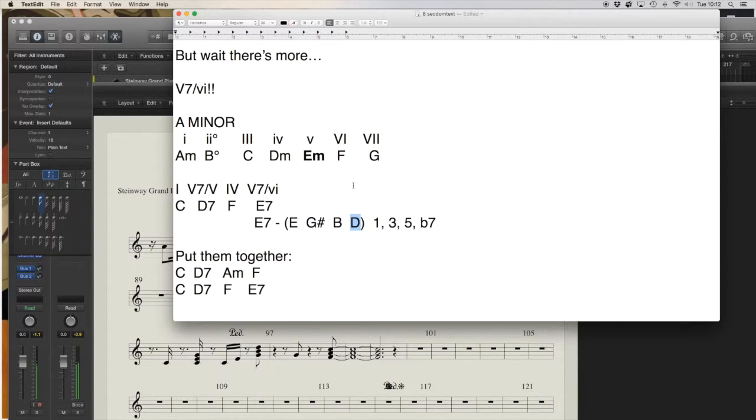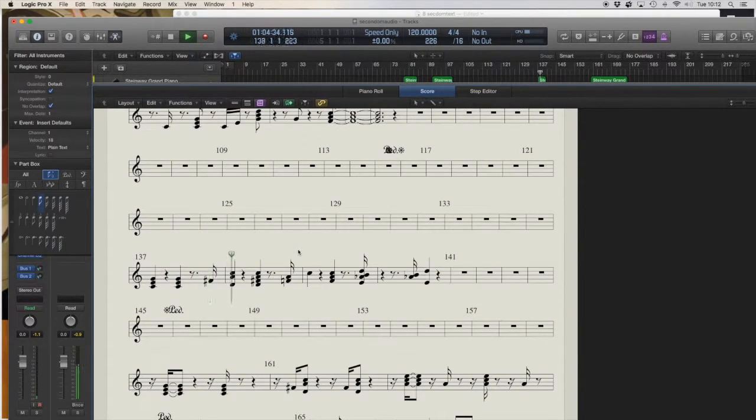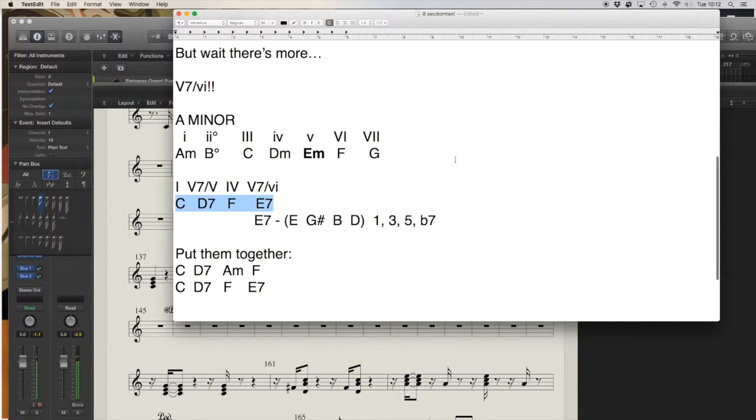So that works nicely. Now if we listen, we're going to play just the C, D7, F, and now we're going to substitute out that chord we originally had with an E7. So let's hear how that sounds. So again, it has a much different flavor.